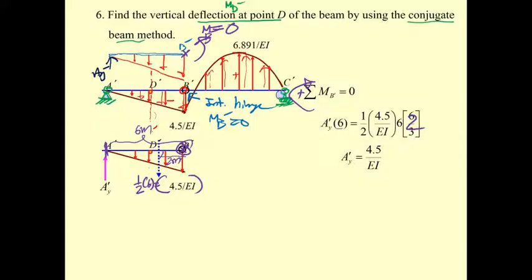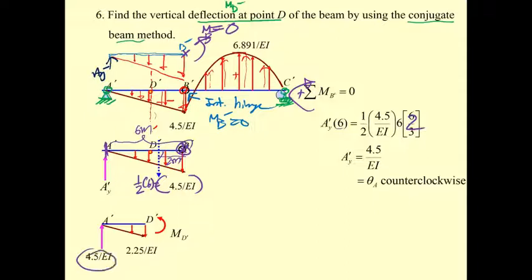Okay, so you draw the load. This one is 4.5 divided by EI, and then you cut this one by half of the length of 3 meters. Since this one is 4.5 divided by EI, half of it is 2.25 divided by EI.